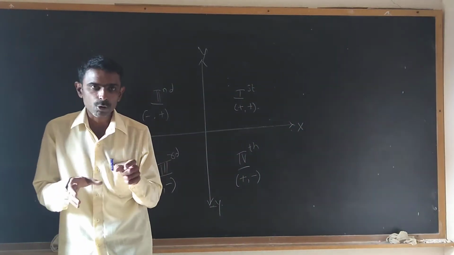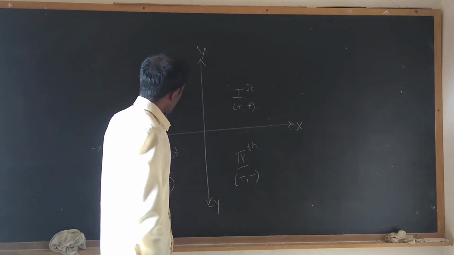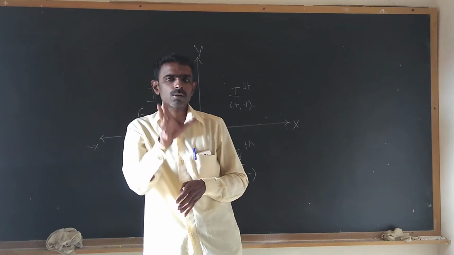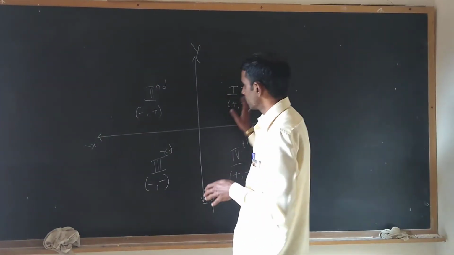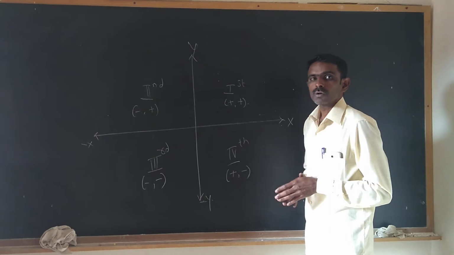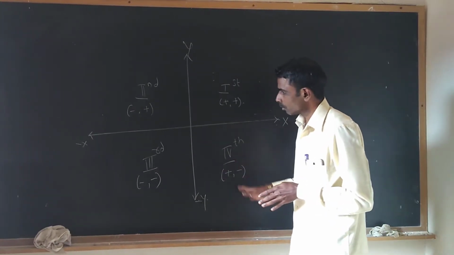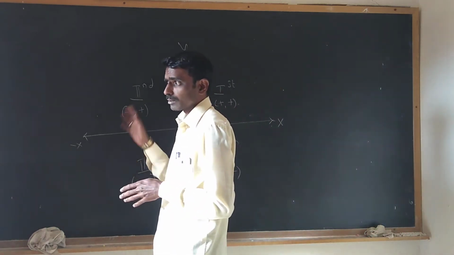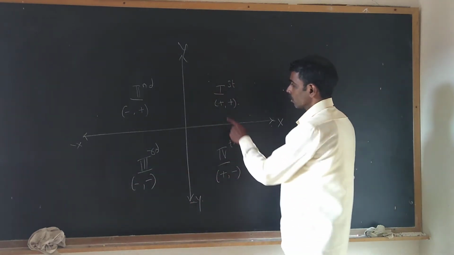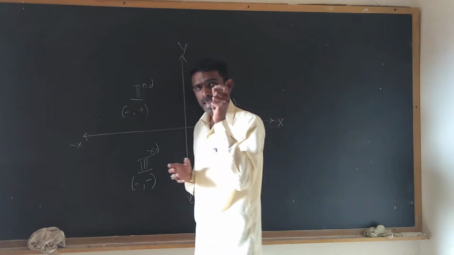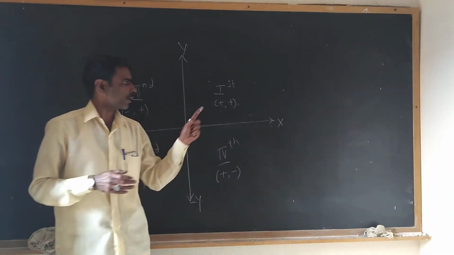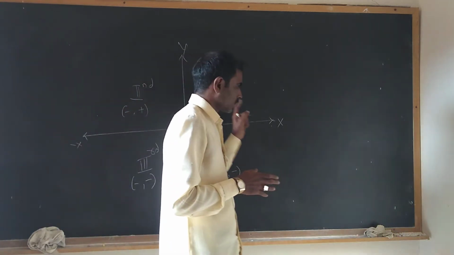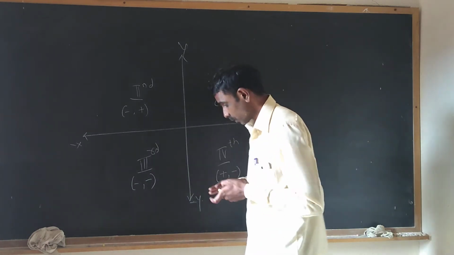Whenever you want to denote any point in this coordinate system, we call this the rectangular coordinate system. Whenever you want to write any point in this coordinate system, first you always write the x coordinate, and the second you always write the y coordinate.